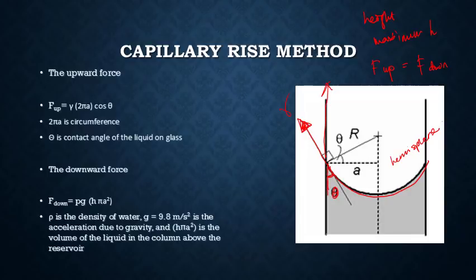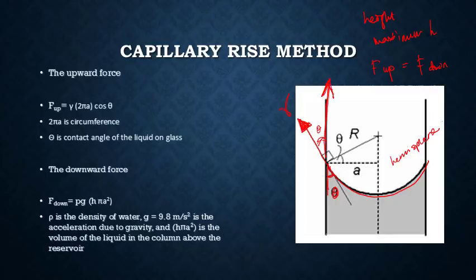To resolve the vector of this surface so that it points upward, it will be equal to gamma cos theta, right?